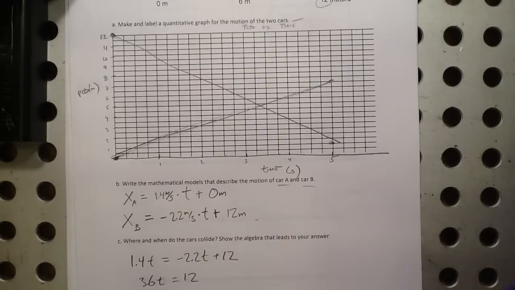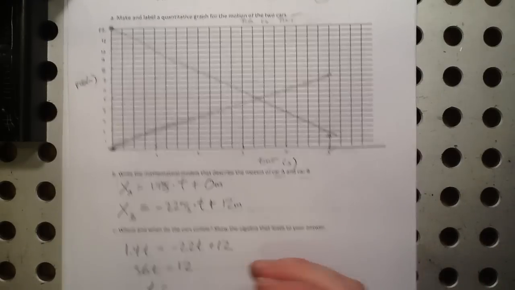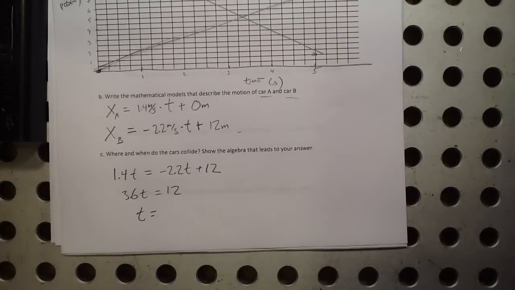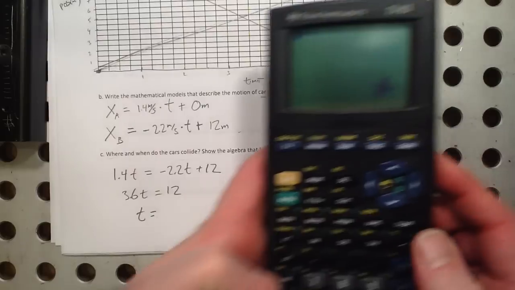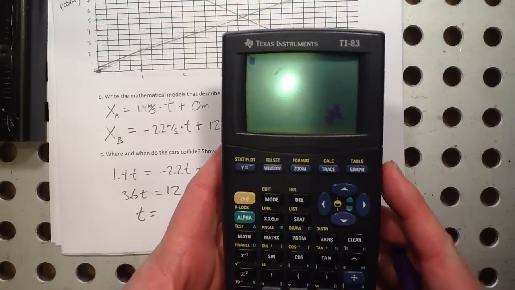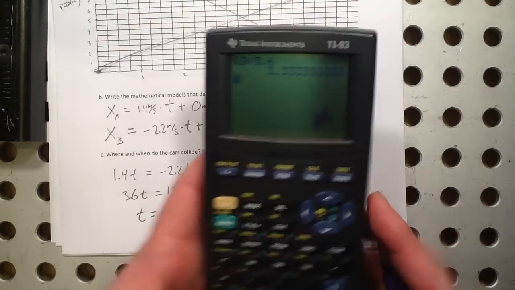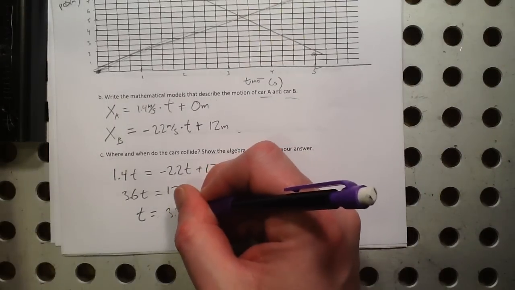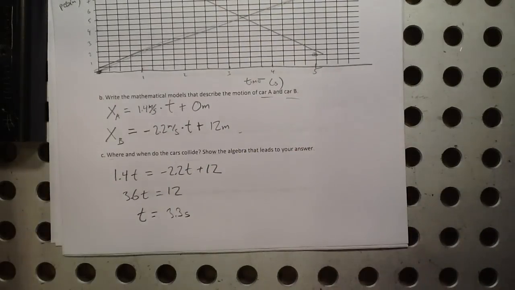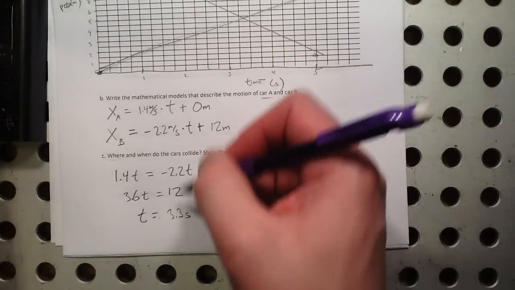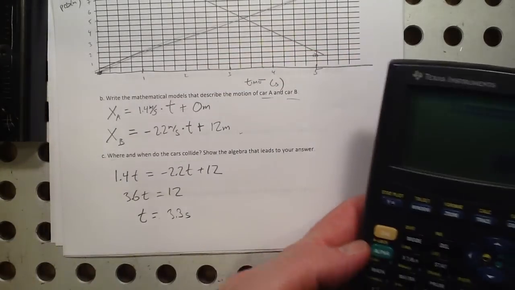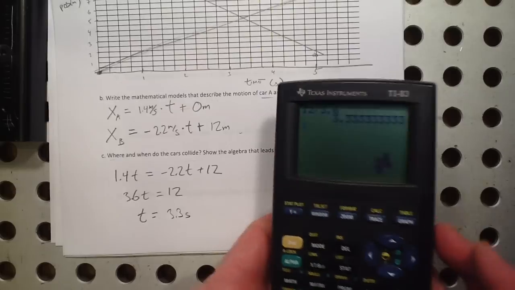So they would intersect at time 12 divided by 3.6, which is about 3.3 seconds. And then you can plug that into either one of these to figure out where that happens.